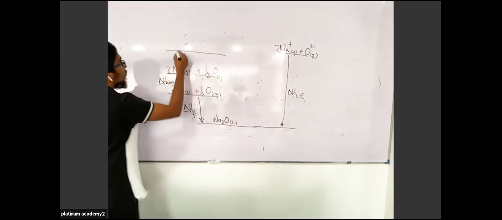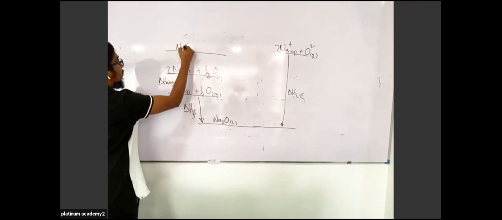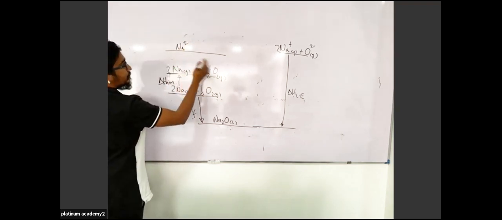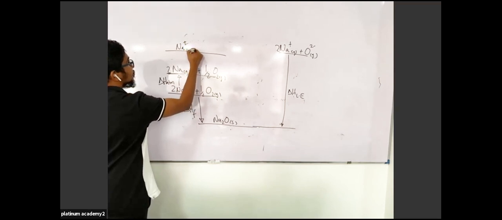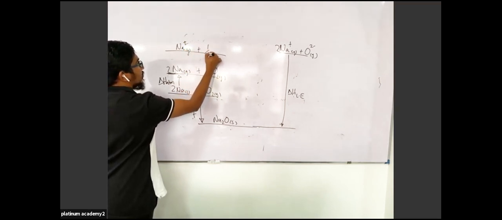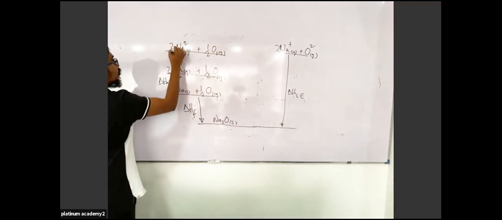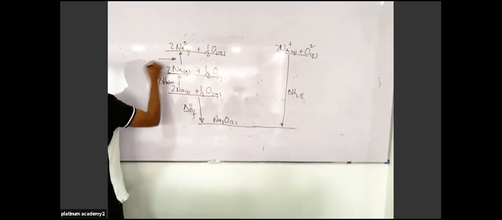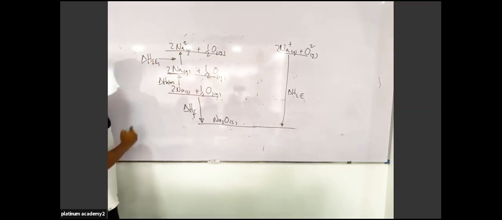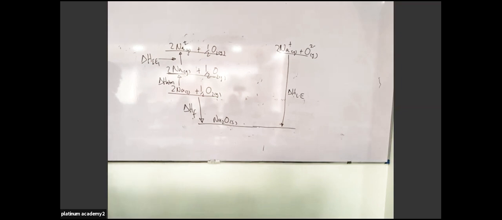So I make Na plus gaseous, and oxygen, I haven't changed it. From here to here, put two, don't forget. That is known as first ionization of sodium. Get it? Now I'm done with sodium. Good, right? I'm done with sodium.